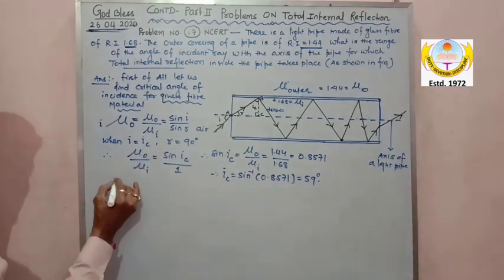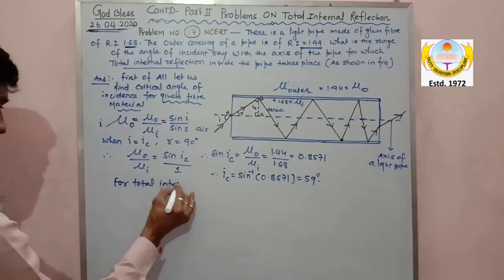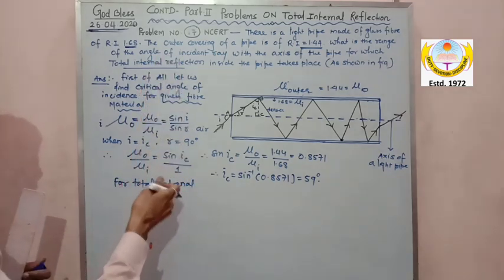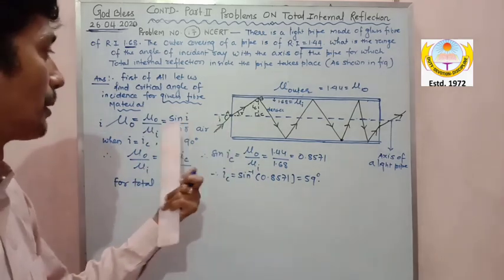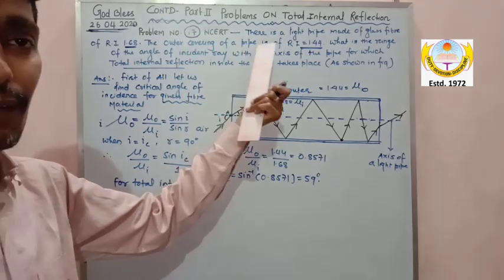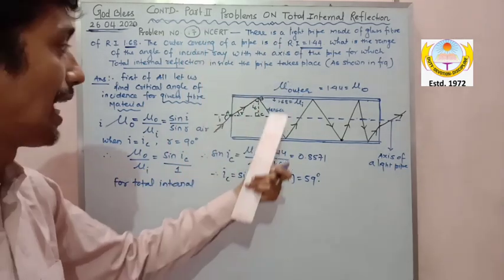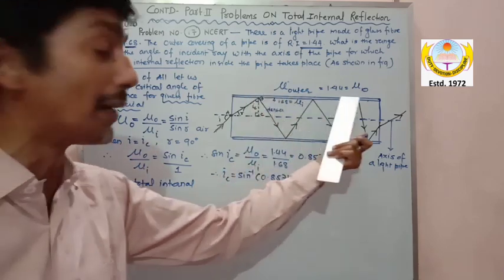So now for total internal reflection, I hope this is clear. A beautiful question. First of all, I should know the IC of the fiber material, which you calculate from the two refractive indices given, that is the outer covering and the inner covering, which help us calculate the IC, the critical angle for the fiber material.